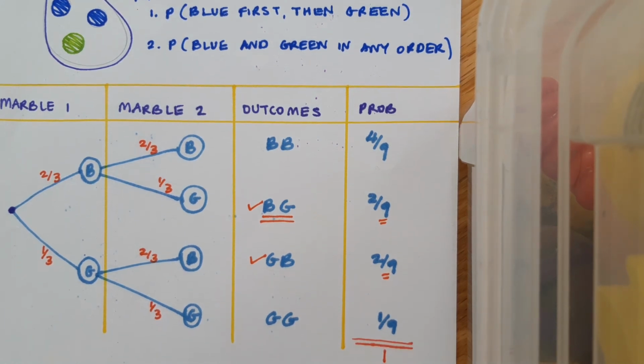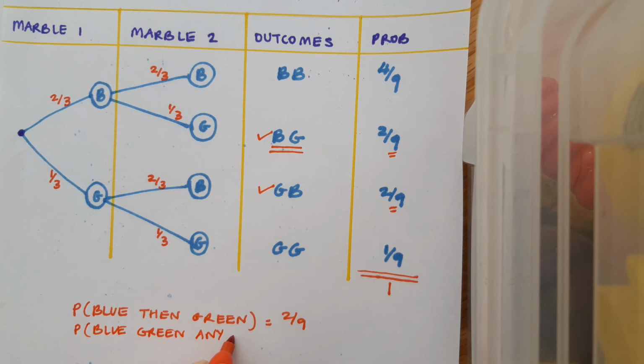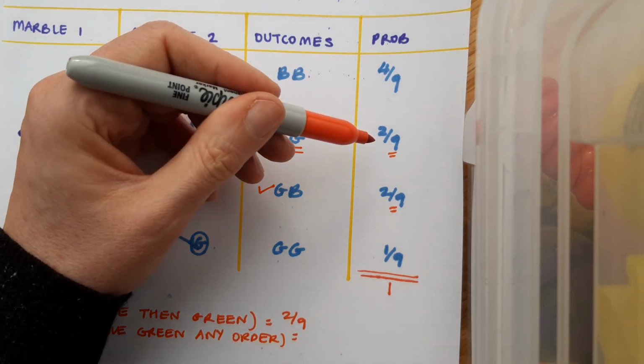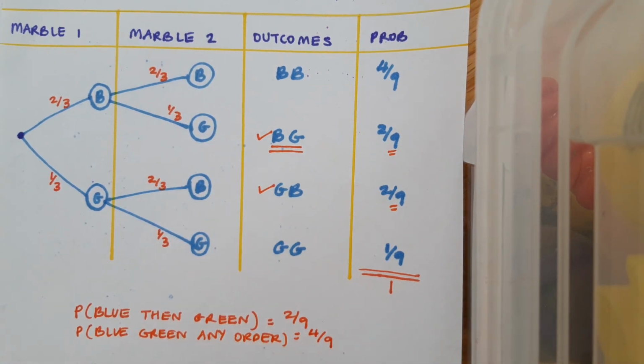So again, I'll go down to the bottom of my page, probability of blue and green in any order is going to be, well, I've got 2/9 and 2/9, so the total is 4/9.